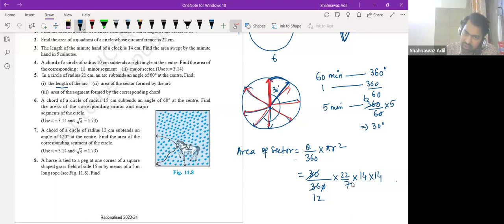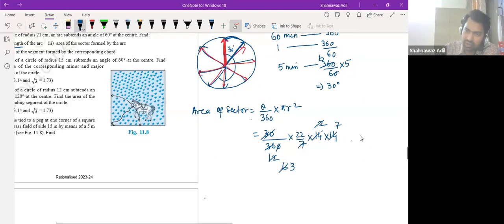Then this is 7 theta. This is 6. This is 7, and then this is 3. This is 7 to the 1 by 20 centimeters square. So this is the area of this sector.